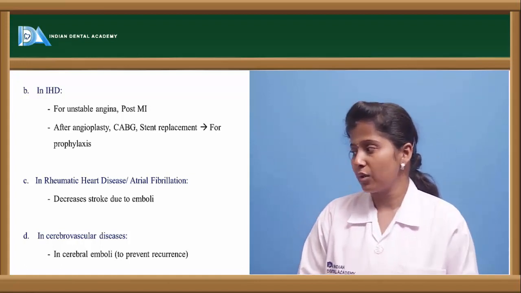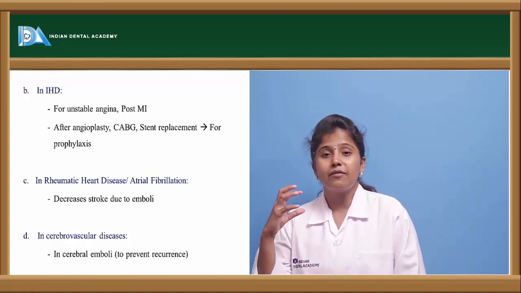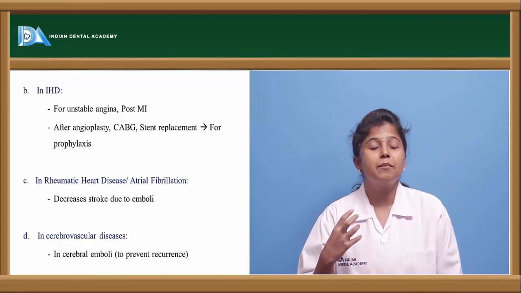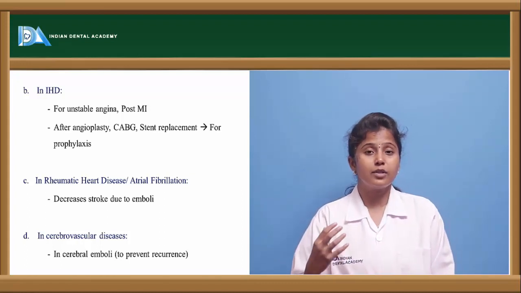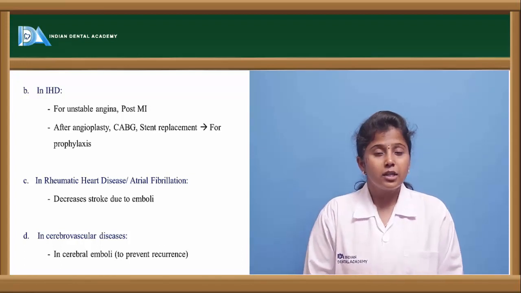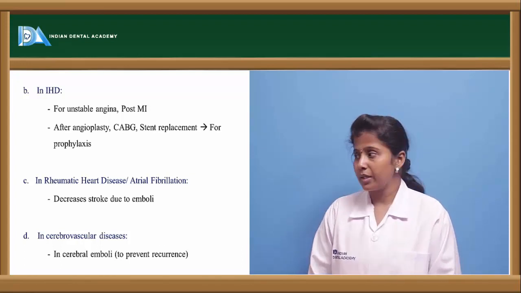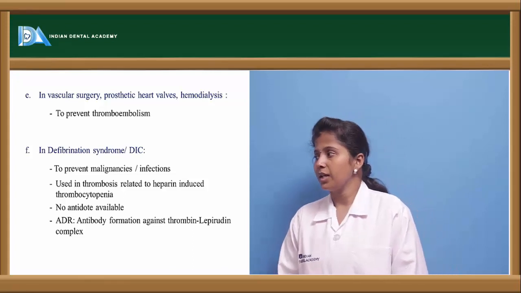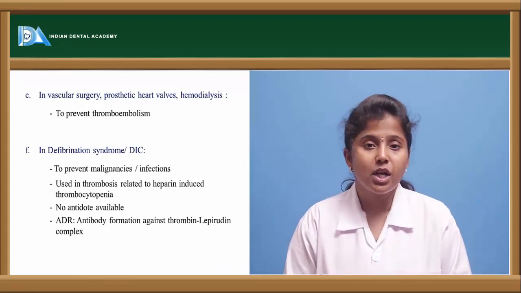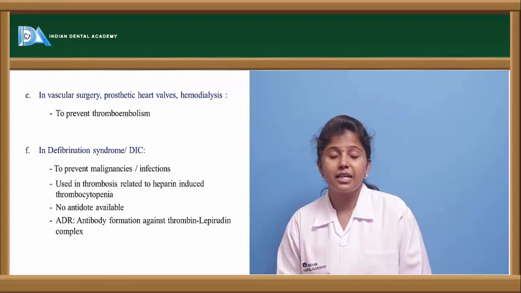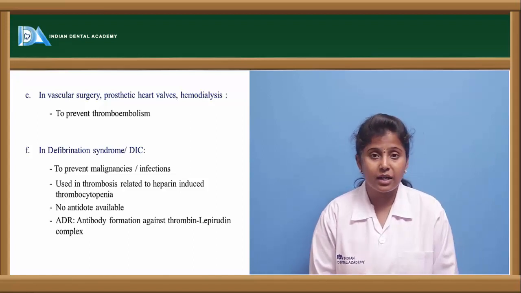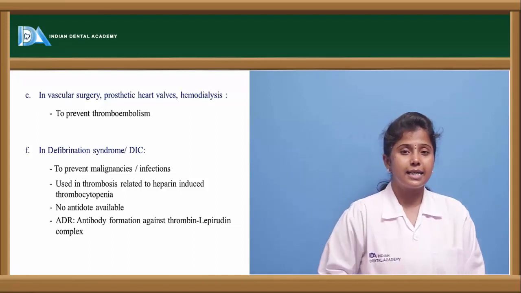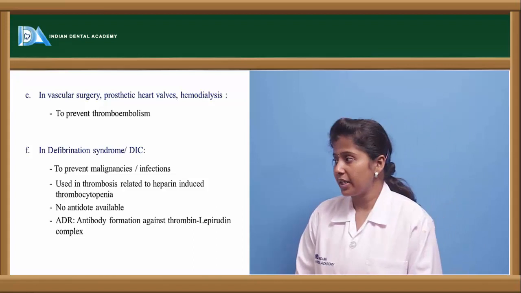And in cerebrovascular diseases, if there is any clot formation in the cerebral vascular tissue, then this can be prevented by this heparin. In vascular surgeries or heart surgery, such as heart valve replacement or any cardiac-related surgery, this heparin is used.